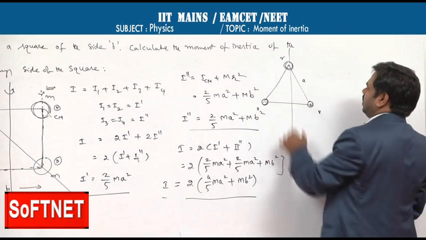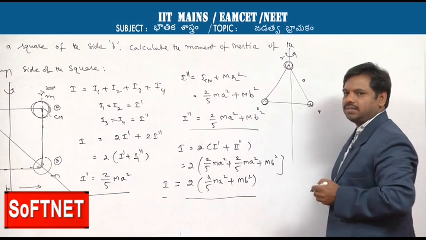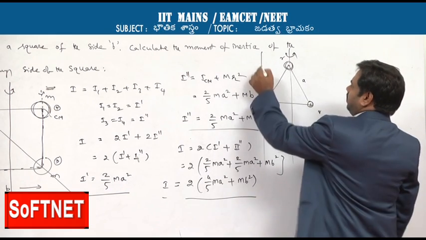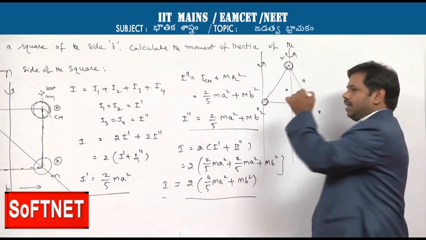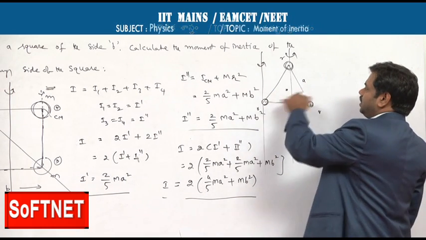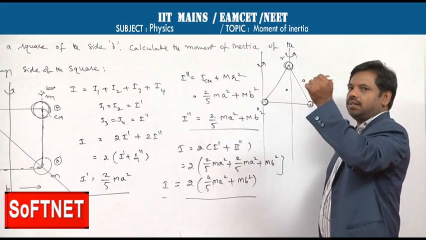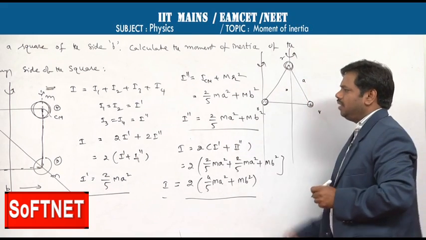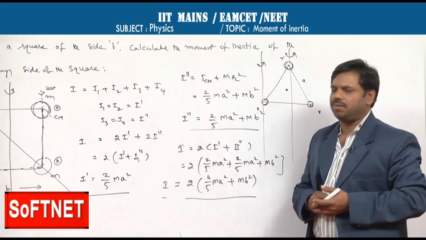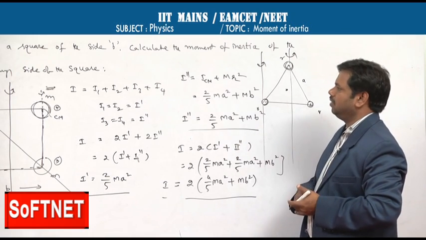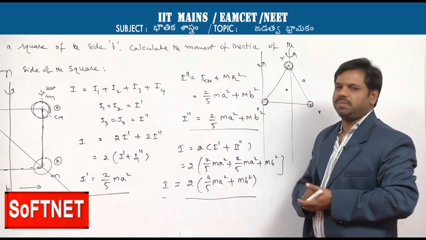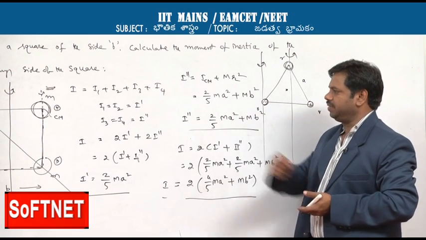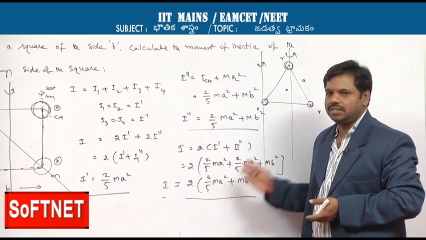Do it yourself by taking this as one axis, and taking this as another axis, and taking one more axis like this, which is passing through the center of this triangle and normal to the plane. While solving different kinds of problems, you will get different situations where we can easily find out the moment of inertia with respect to the given axis following this method.